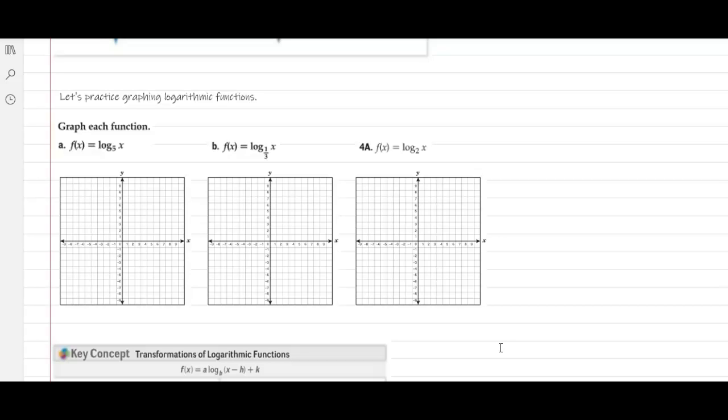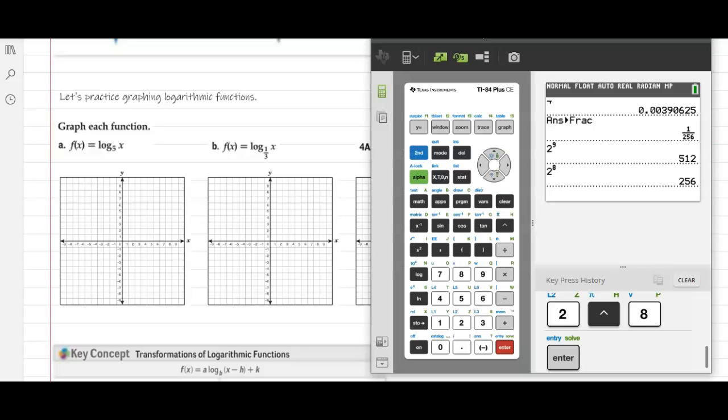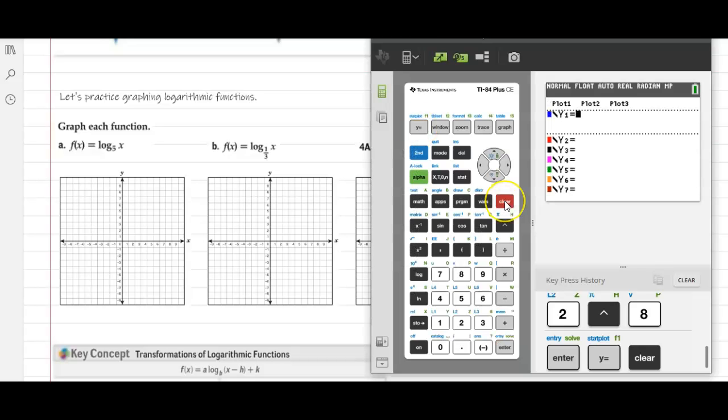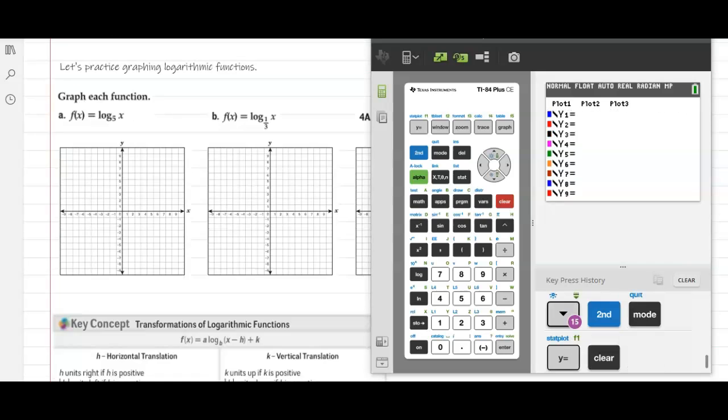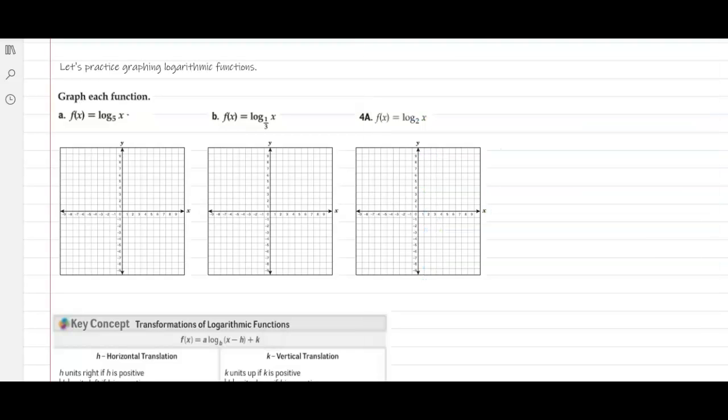We're going to take advantage of technology to help us graph these logarithmic functions. For the first one, I'm going to go into y equals and clear out anything that's there. Now, not to get ahead of ourselves with the change of base formula, but we're going to need to use that to get this to type into our calculator.